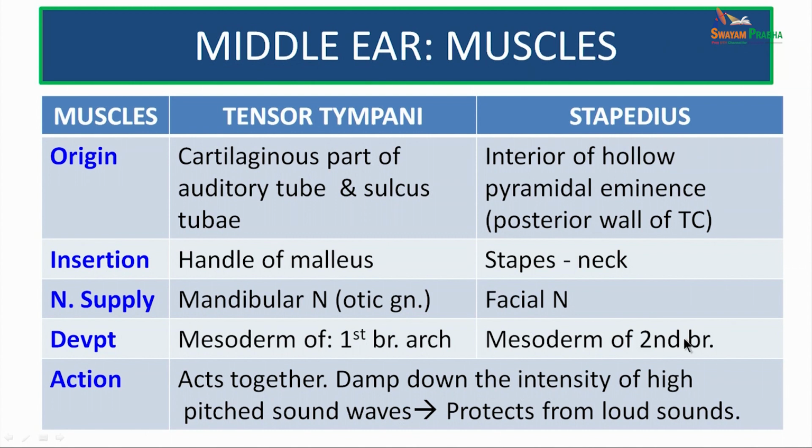Having developed from the mesoderm of the second arch, the facial nerve innervation is justified. Both the muscles put together help to damp down the intensity of high pitched sound waves and thereby protect the ear from loud sounds.